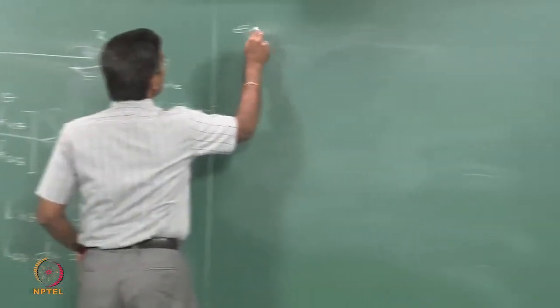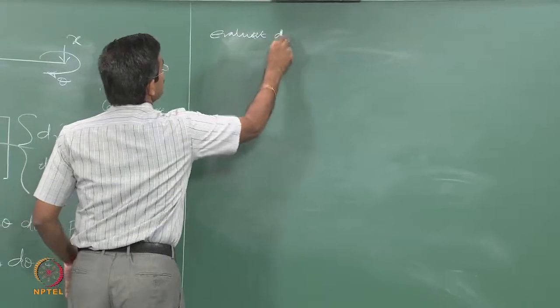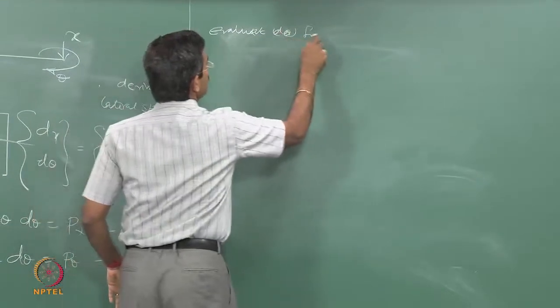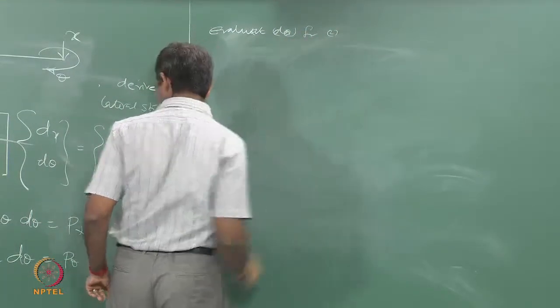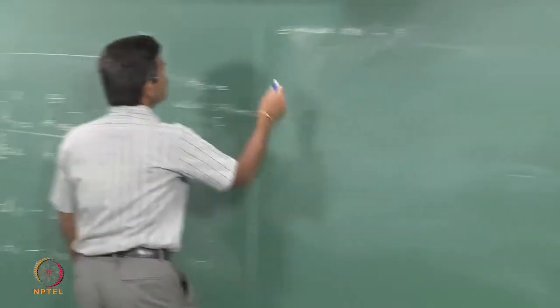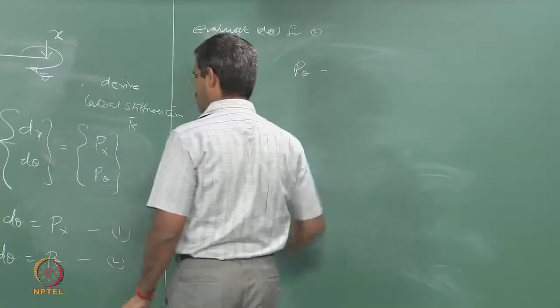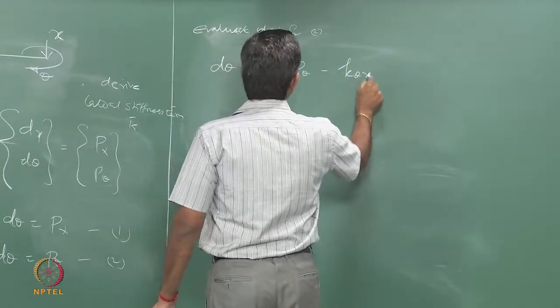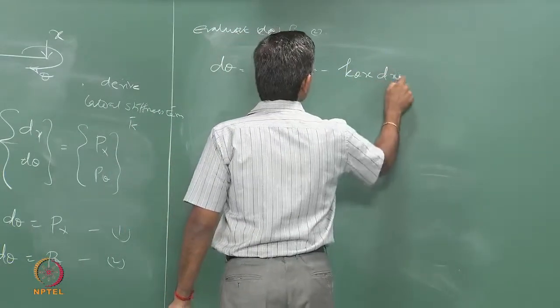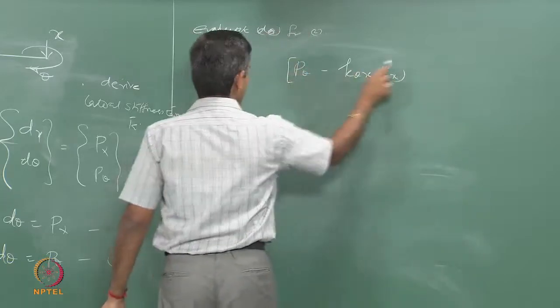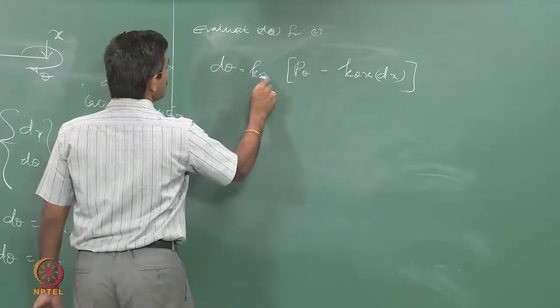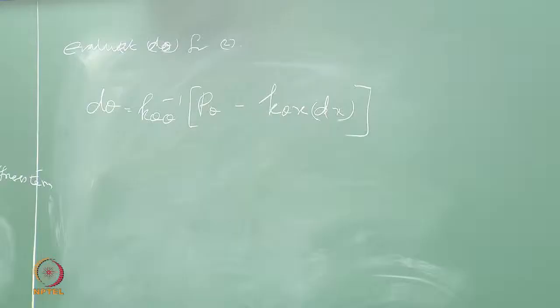So, let us do that. d theta will now be equal to P theta minus K theta x dx, pre-multiplied by the inverse of K theta theta, that is the order.